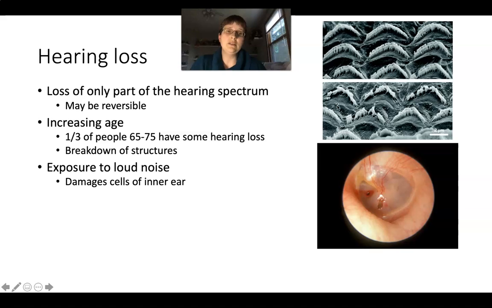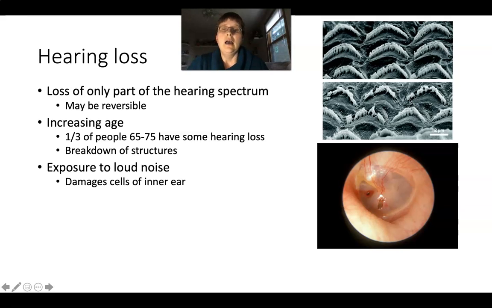And that's actually what you're seeing over here. The top are healthy hair cells, so you can see again those little rows of little teeth. The bottom are hair cells that have been damaged by loud noise.